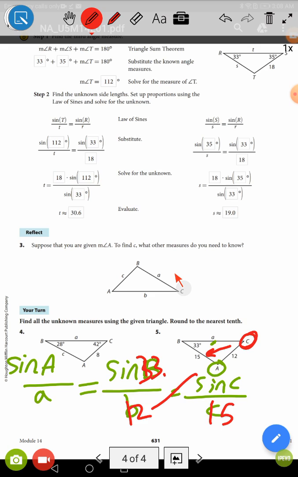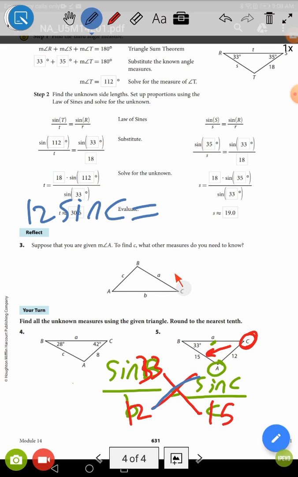From here I will cross to find sine C. So 12 multiplied by sine C equals 50 multiplied by sine 33. Then we will divide by 12.